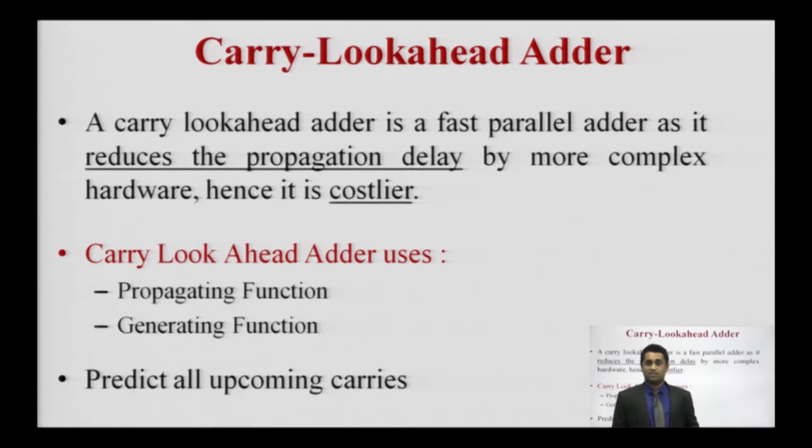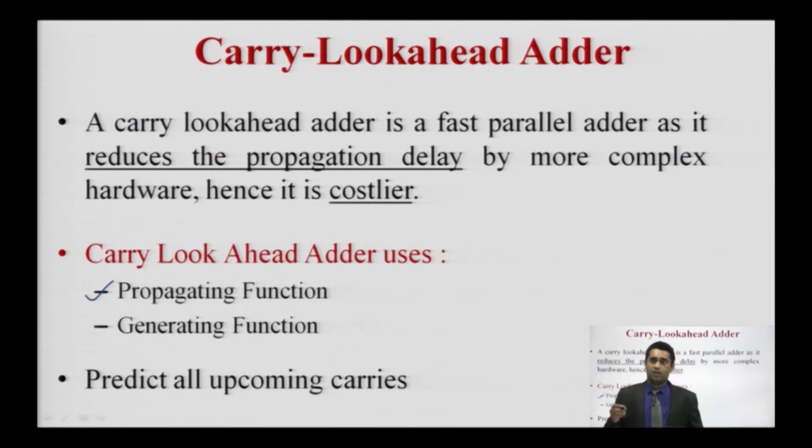So, this basically works on 2 types of function. One is propagation and the second is generation. This propagation and generation comes to the carry part, and this results in the propagating function carry and the generating function carry. Means one function works to create, to generate, a particular carry.